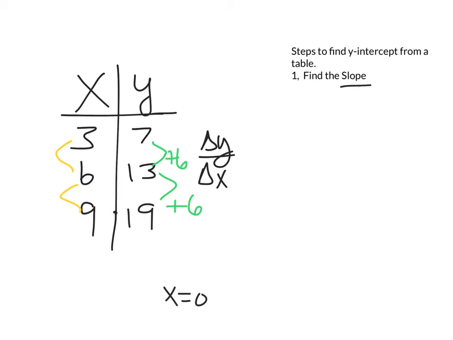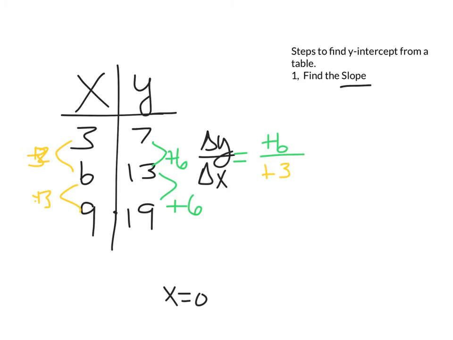So my change in y here is a positive 6. The next step is to find the change in x, right? We've been working this for a while now. So change in y over change in x. I see that that is an increase of 3, and an increase of 3. So my change in x here is 3.